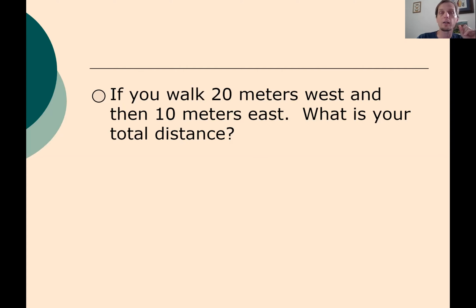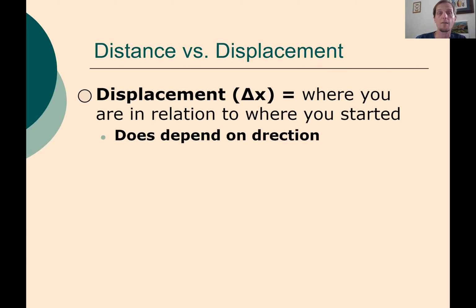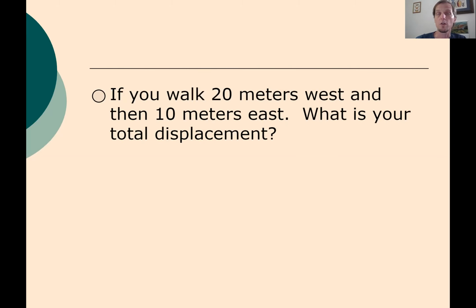All right, let's go back now and look at these again. First, I asked you 20 meters west, then 10 meters east. What is your total distance? You would add them together. 20 plus 10 is 30 meters. You traveled a distance of 30 meters. 20, U-turn, came back 10, that's 30 meters traveled. What was your displacement? Well, because you came 10 meters back, 20 west, 10 meters back east, you've only been displaced 10 meters.